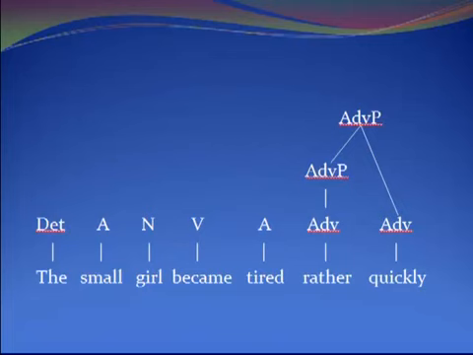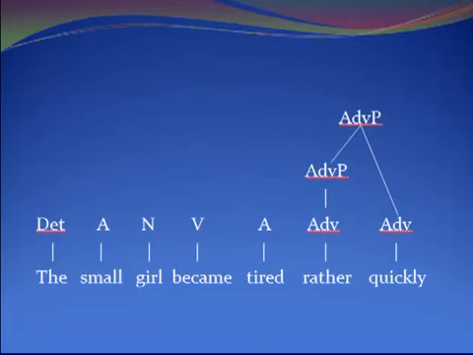Now the next word along is tired. And so tired is an adjective, so we know it's going to be the head of an adjective phrase. Now the word next to that is a verb, became, so that's going to be the head of the verb phrase. So there's no other word that goes with the adjective. Now, what did the girl become?